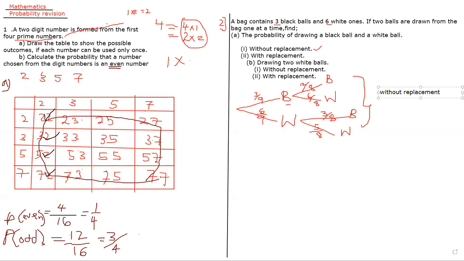But when we talk of with replacement, you take, you return it. So with replacement, for a tree diagram, we'll come up with something like this. We'll have black, white. Black are 3 in total, but the total balls we have is 9. The other case is 6/9. Because we have replaced, when you even pick black, I'll go back and replace it with another black one.